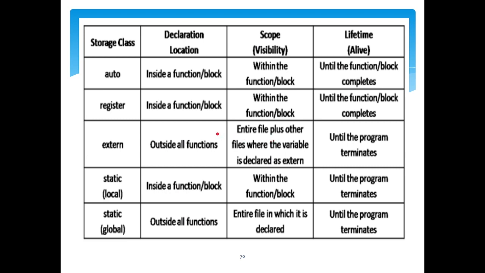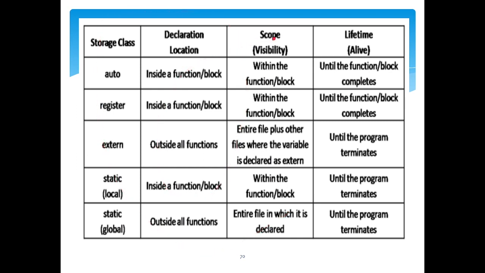In the first file you have declared extern, so the scope is there in that file, and also in the other file where you have declared extern as well. And similarly, static global is only the entire file in which it is declared.